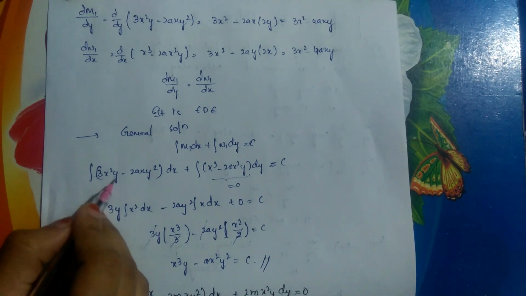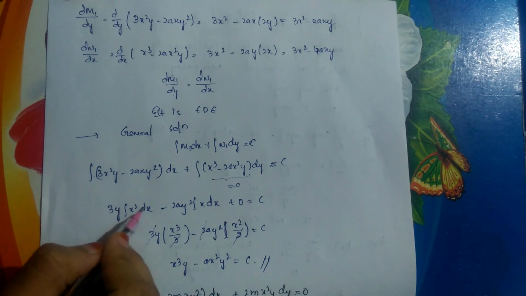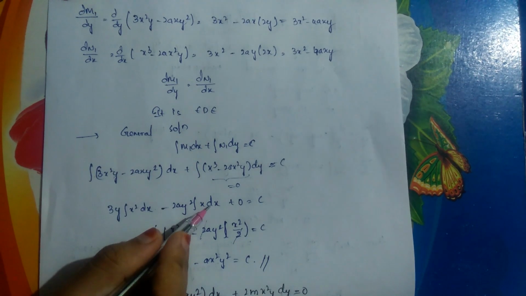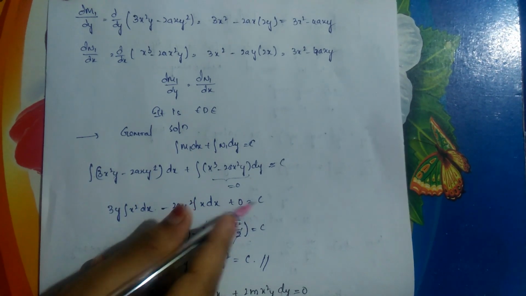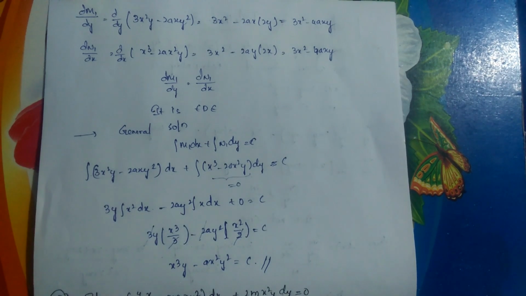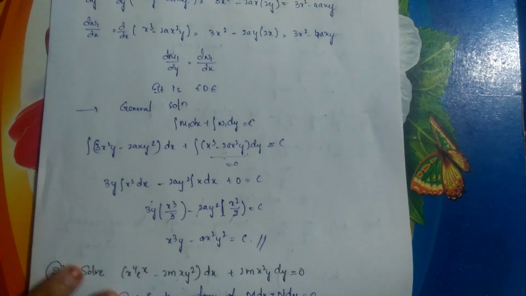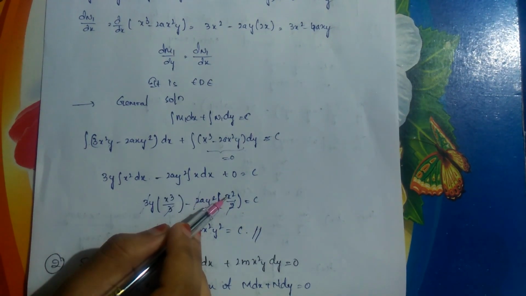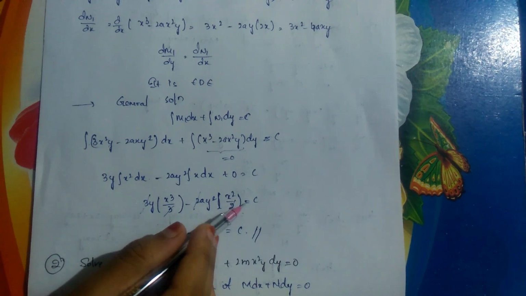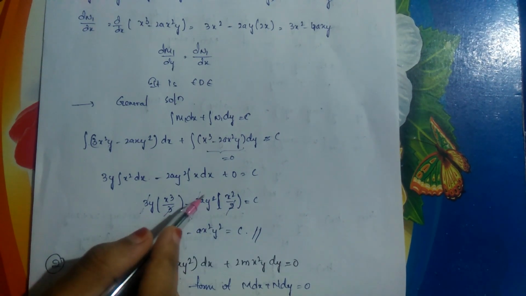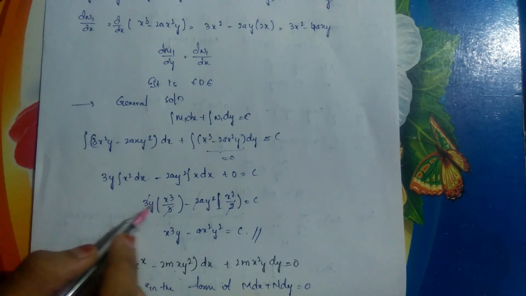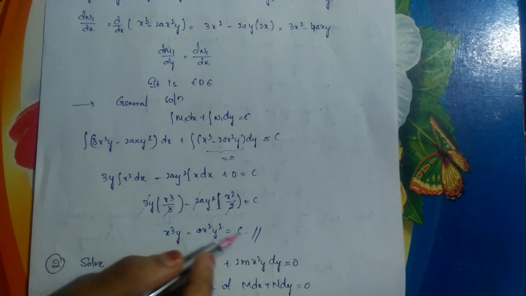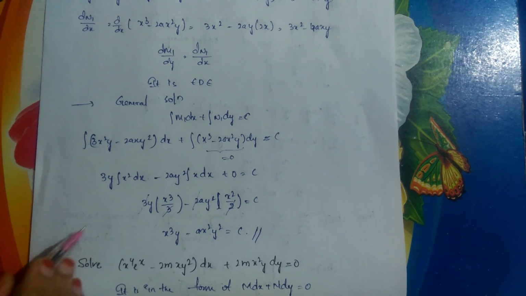In the first term 3y is constant and integration of x² dx, minus 2ay² is constant, integration of x dx, plus 0 equals c. So 3y times x³/3 minus 2ay² times x²/2 equals c. Here 3 will be cancelled and 2 will be cancelled. So that gives us x³y - ax²y² = c. So this is the general solution for the given question.